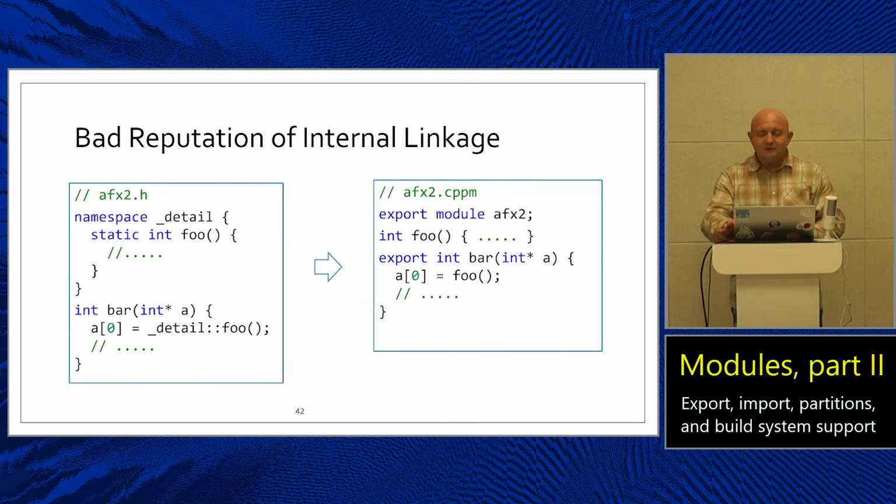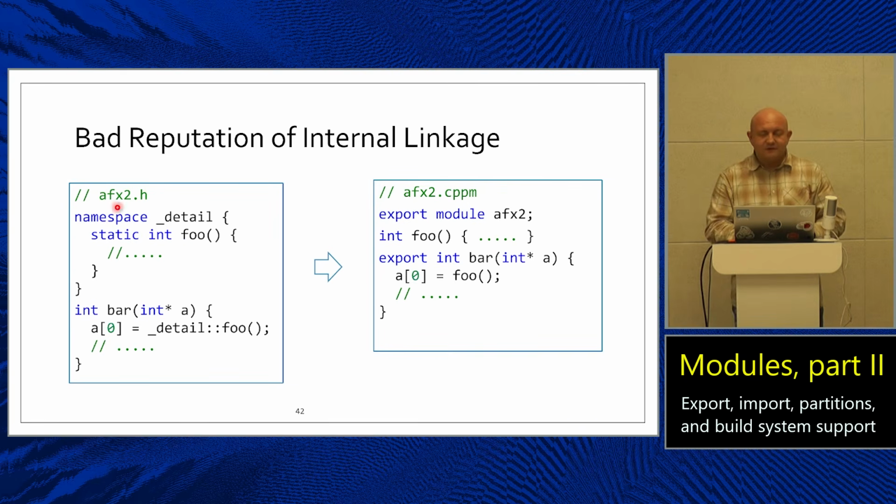Internal linkage has a pretty bad reputation, and for good reason. Look at this example. Inside a detail namespace, we define a static function foo. What does that actually mean? Technically, every translation unit that includes this header gets its own private copy of foo. So what's wrong with that? Well, think about dependencies.